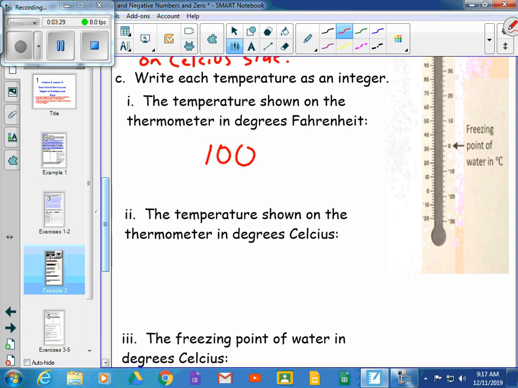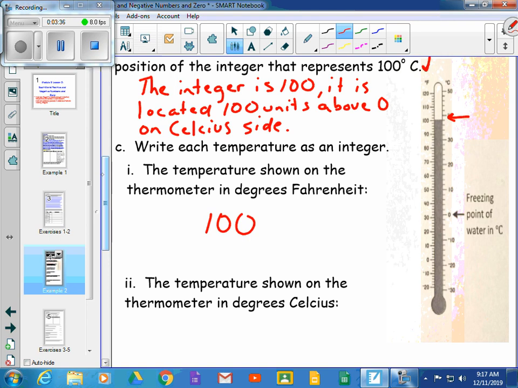The next question, what's the temperature shown on the thermometer in degrees Celsius? So now if we look at the right side, where that goes through, this one's a little bit more challenging. We can see that it's between 30 and 40. So it's some kind of number between 30 and 40.